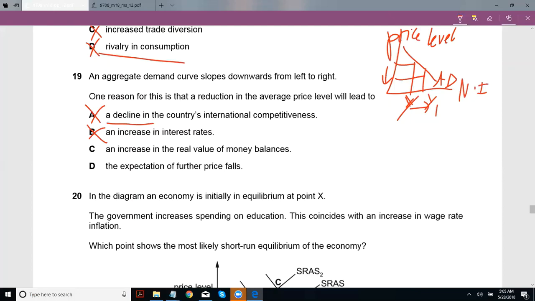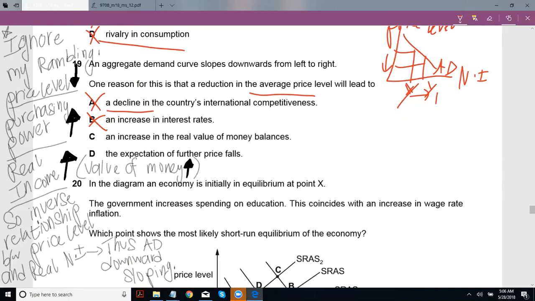If anything, an average price level decrease means some sort of deflationary pressure. Normally, if there's a deflationary pressure, governments seek to cut interest rates in order to stimulate the economy. Governments do not normally react to deflationary pressures by increasing interest rates, which is by nature also contractionary and will just further add to deflationary pressures.